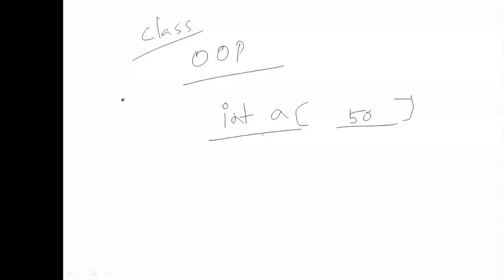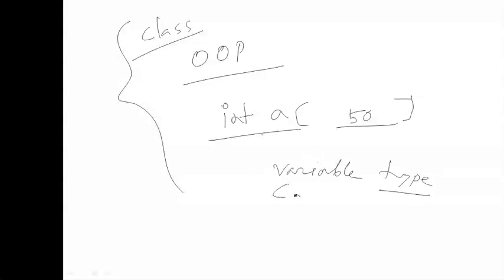Everything is discussed in C. In C++, to develop any program we always need variables of any data type, and we need constants and their types, and we need operators.